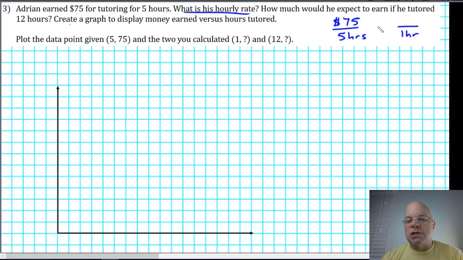And so if you think of this as a proportion, you're dividing your denominator by 5. And if you're dividing your denominator by 5, you have to divide your numerator by 5. So that you're dividing your rate by 5/5, if you look at it this way.